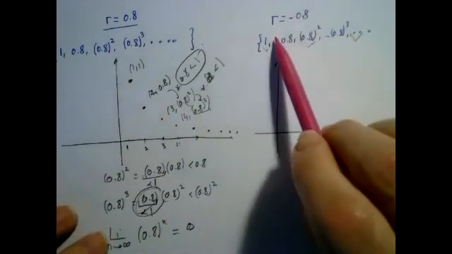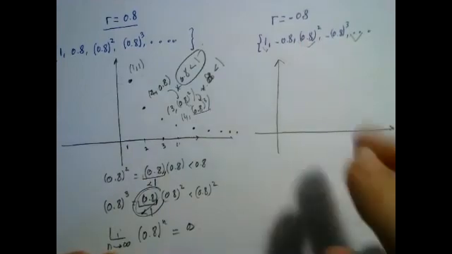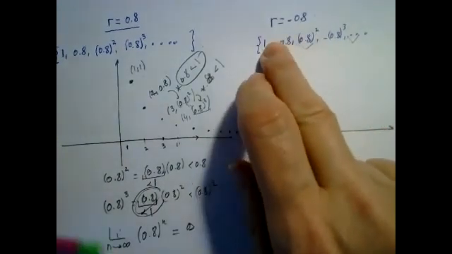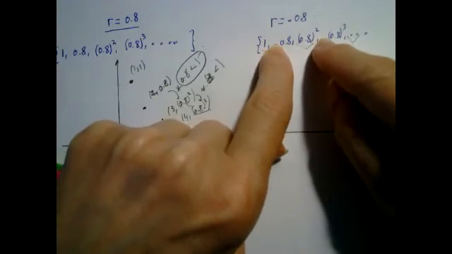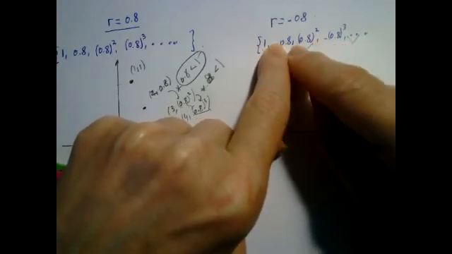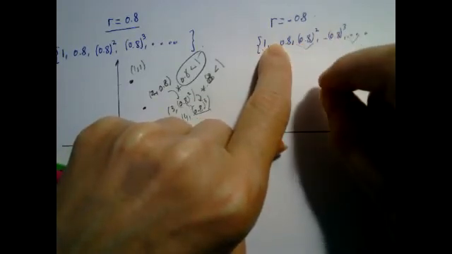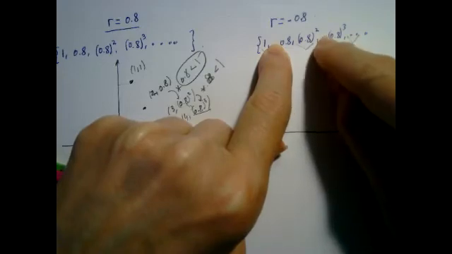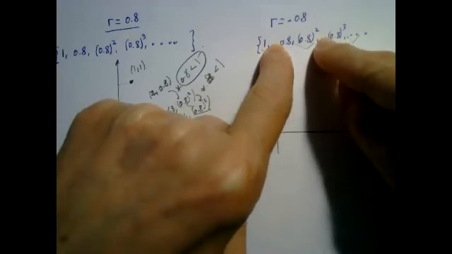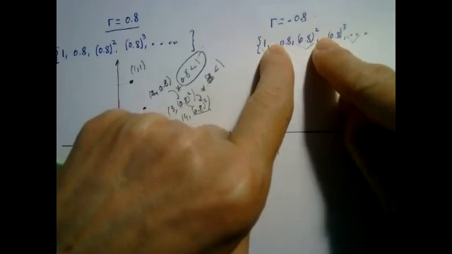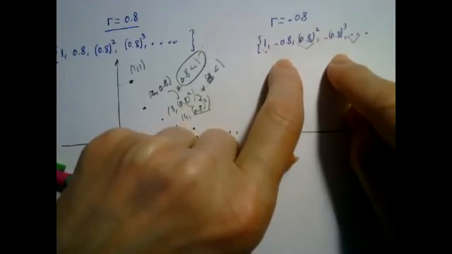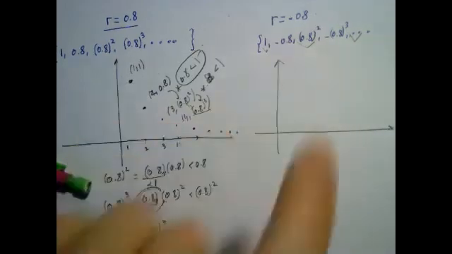Because the terms by themselves are not blowing up. If you remove the sign mentally, you're taking 0.8, a number less than 1, and raising it to a higher power, so the number is getting smaller. The terms without the sign are heading toward 0. So even if you put the sign back in, they're still heading towards 0 from both sides, positive and negative.